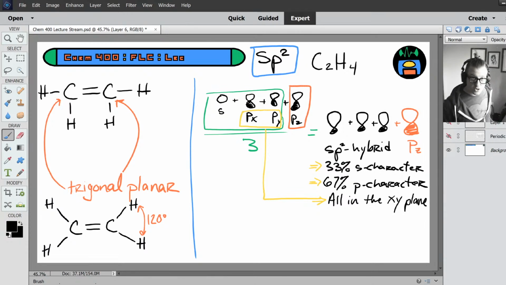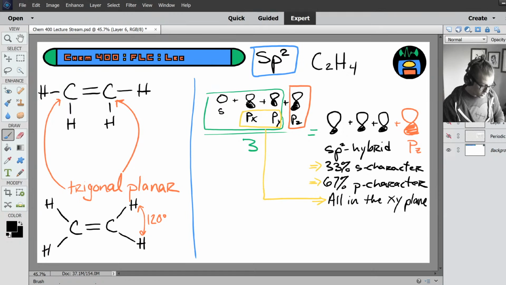They're not spread over 3 dimensions, they're evenly spread out over 2, and that's where the bond angles of 120 degrees come from, because they're evenly spread over a 2-dimensional plane, so that's 360 degrees. All right, so these are sp2 hybrid orbitals.